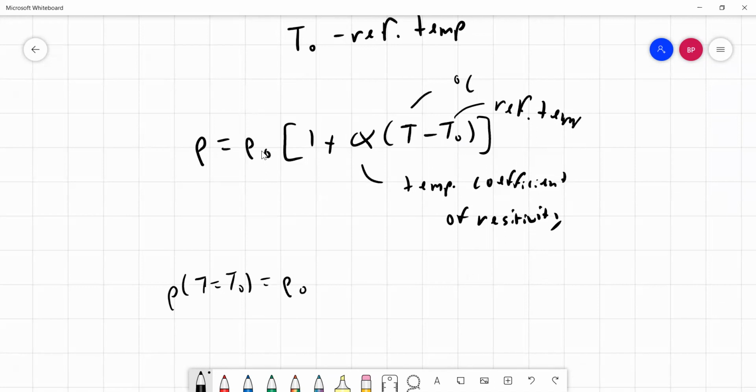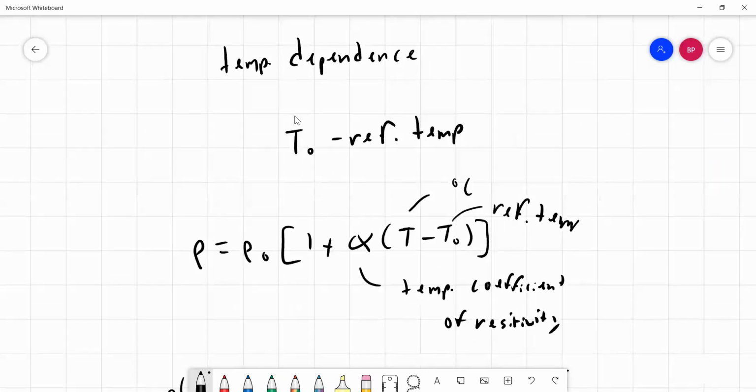And so this reference temperature could in principle be any number, but typically it's taken to be 20 degrees Celsius. So if you don't have a good feel for Celsius, this is exactly 68 degrees Fahrenheit. So 20 degrees Celsius is usually room temperature. Now, a degree Celsius is bigger than a degree Fahrenheit. So if we wanted exactly 70 degrees, this would be a fractional temperature. So 20 degrees is close enough.